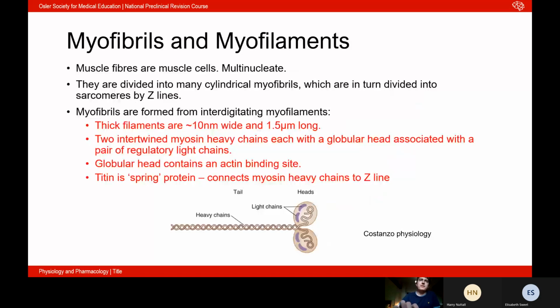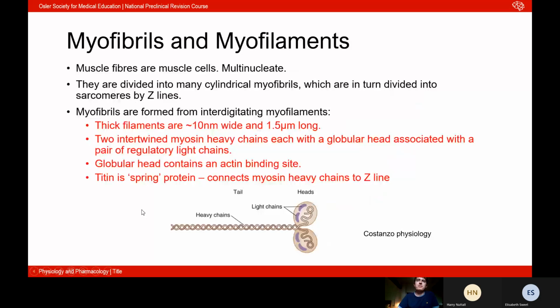So first thing about the thick filaments, we see they have these two intertwined myosin heavy chains with globular heads, and the heads bind to myosin light chains, and these are regulatory chains, so they regulate its binding. And it's connected to the Z line by this key protein titin.